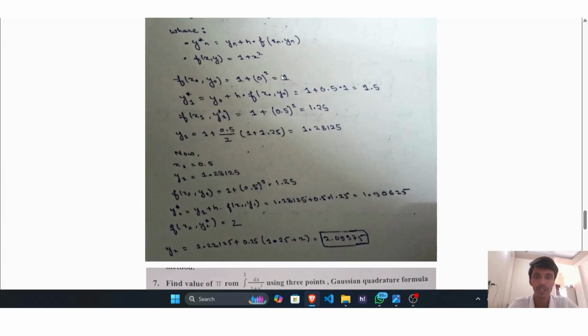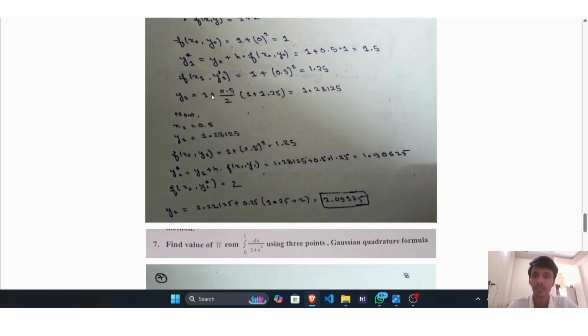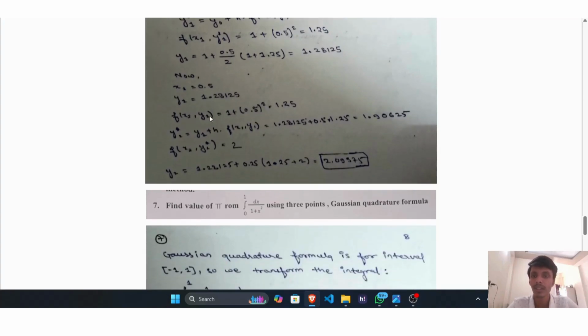So f(x0, y0) is equal to 1. So this equals 1.5, and f(x1, y star 1) is equal to 1.25. So y1 equals 1 plus 0.5/2 times (1 plus 1.25), which is 1.28125.